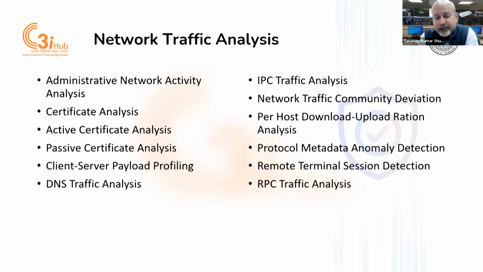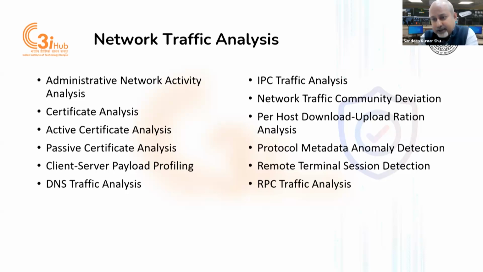You may want to see what kind of DNS requests are going out, because if there is command and control traffic, there would be DNS traffic. You may want to see the regular IP traffic analysis. You can see any kind of traffic deviation for a particular set of endpoints, or per-host download and upload analysis, or protocol metadata and anomaly detection.